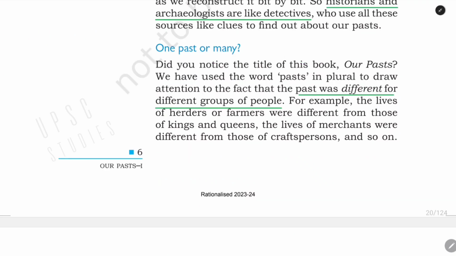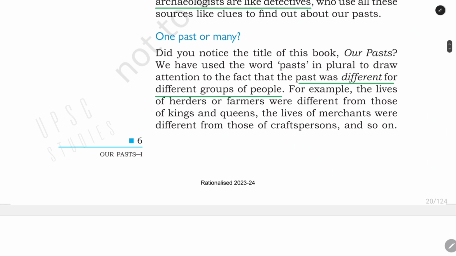Is there one past or many? Look at the title of this book, Our Past. The word past is plural. Why is it used like that? Because the past was different for different groups of people. It is not the same for everyone. To understand that, we can show an example.